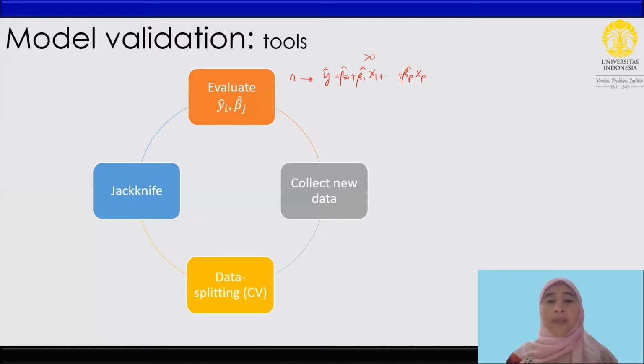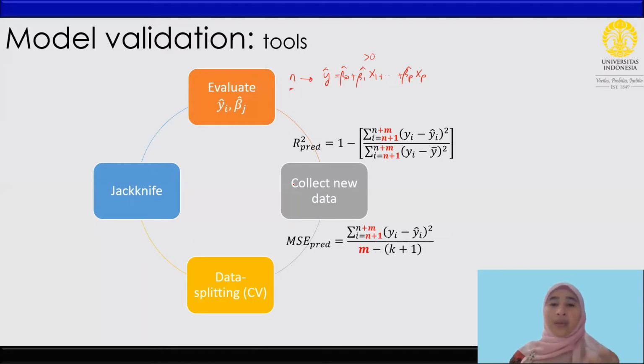Okay. Let's say we do this using our sample data, but then we want to do the external model validation, that is to assess the performance of our model when it is applied to new data. So it's just reasonable that we need to collect new data. And based on the new data, we calculate some metrics for the assessment. In this case, we calculate the coefficient of determination that represents the accuracy of our model when it is applied to new data.